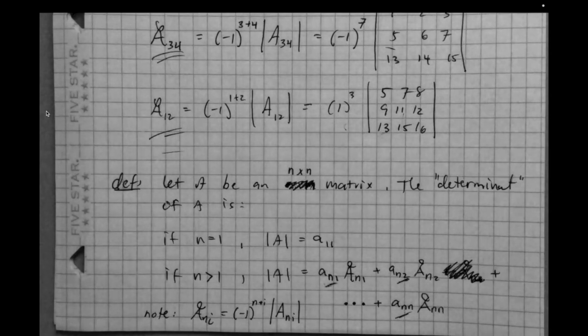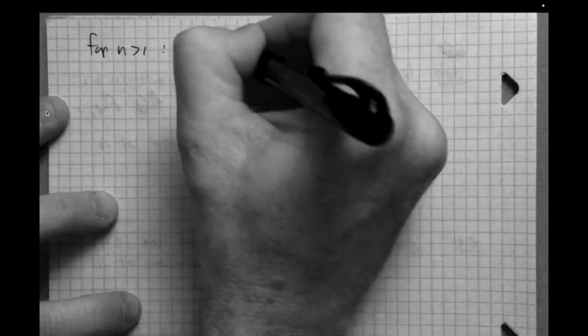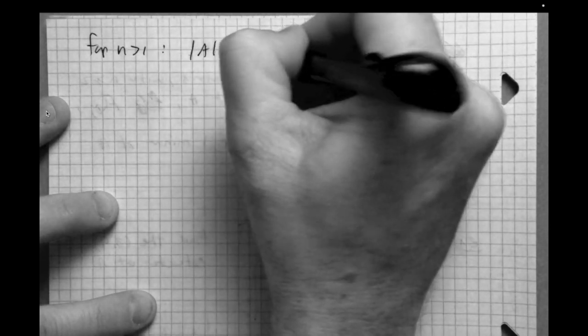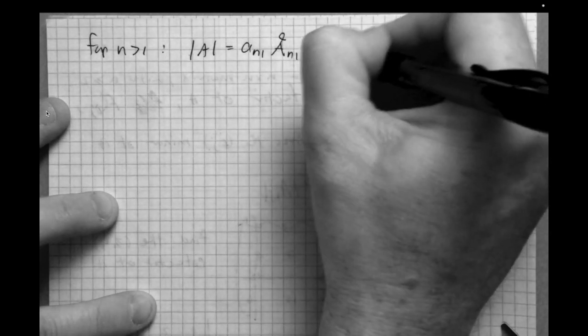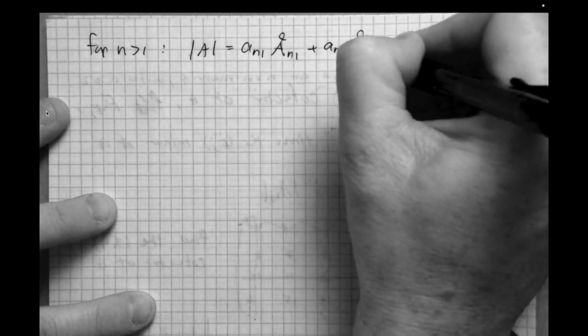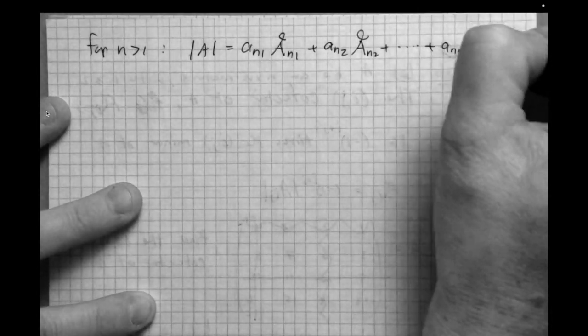Okay, all right. Let's do an example. I'm going to rewrite the n greater than 1 portion of the definition, just for reference here. So for n greater than 1, the determinant of A is equal to a_n1 times A_n1 plus a_n2 times A_n2 plus dot dot dot plus a_nn times A_nn.